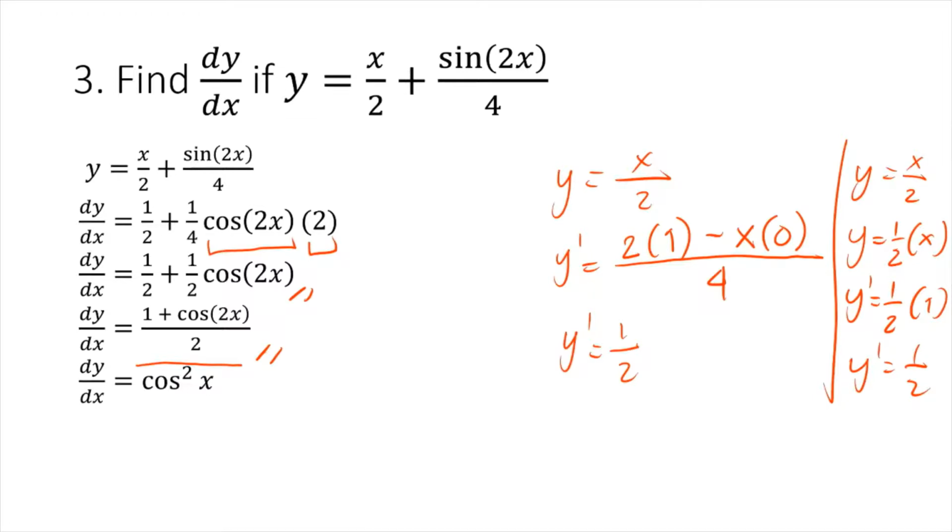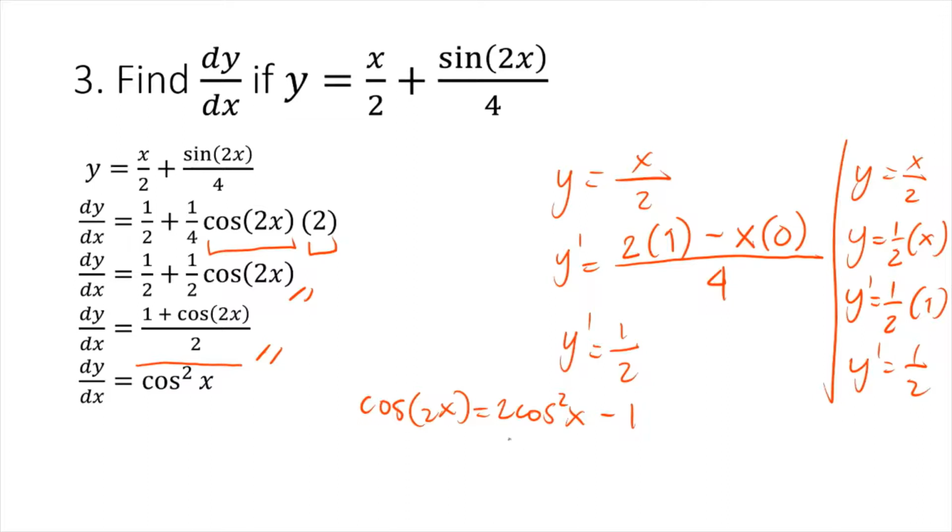This is derived from the double angle identity of cosine 2x. So if you can still recall, or if you're familiar with the double angle identity of cosine 2x, it has three forms. One of the forms is 2 cosine squared x minus 1, right?